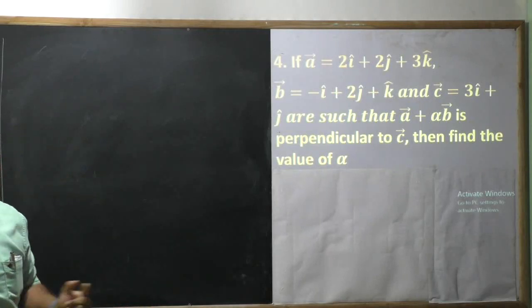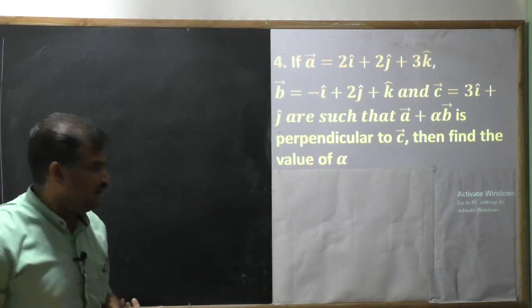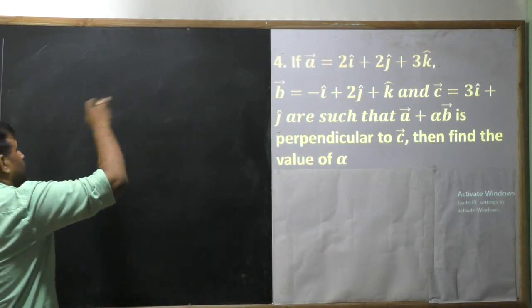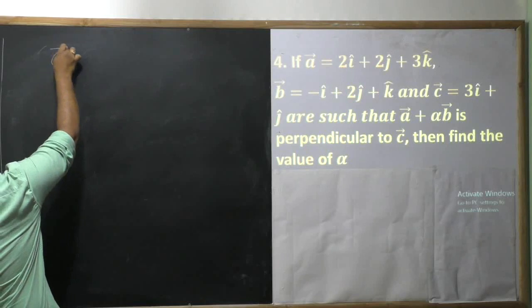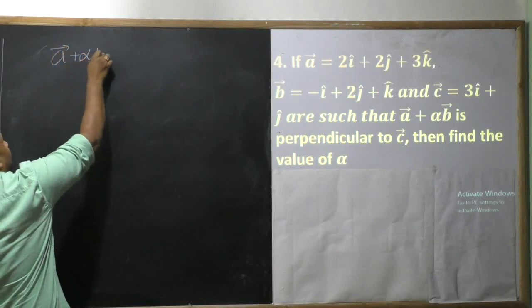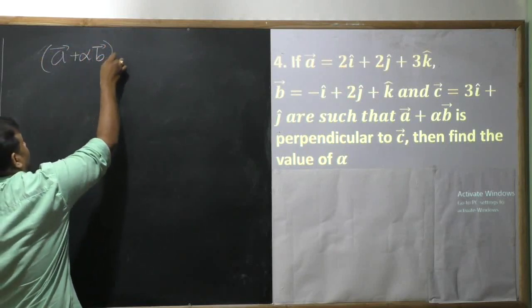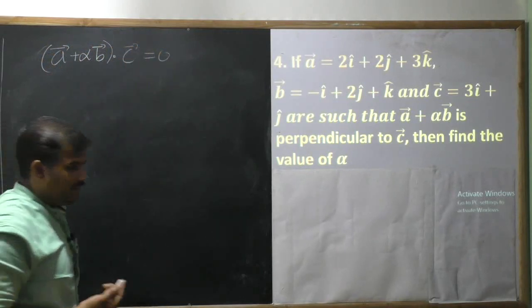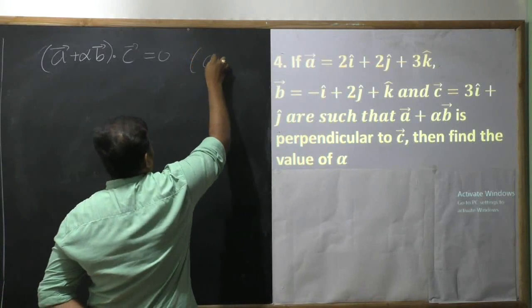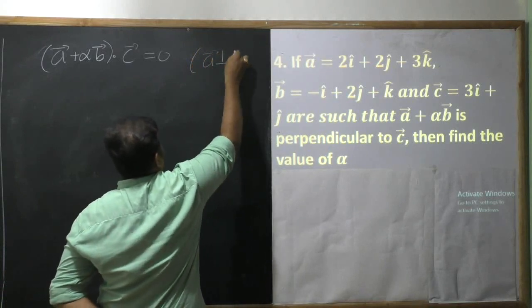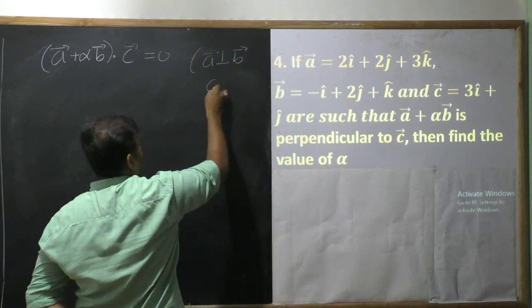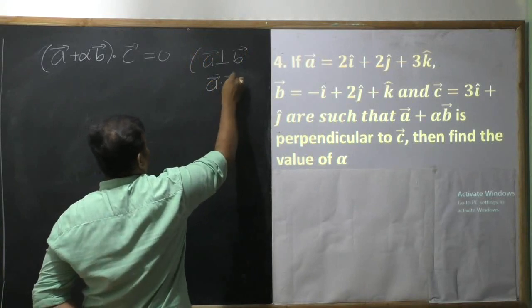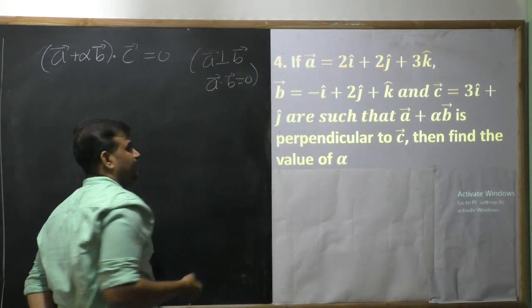If two vectors are perpendicular, their dot product is 0. So clearly I can take vector a plus alpha into vector b dot vector c is equal to 0, because if vector a is perpendicular to vector b, then vector a dot vector b is equal to 0.